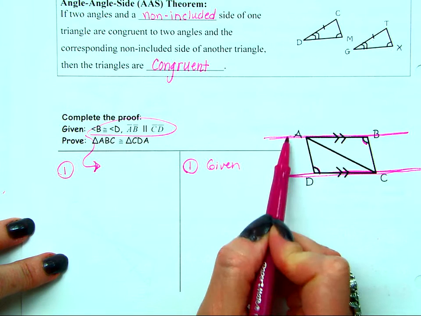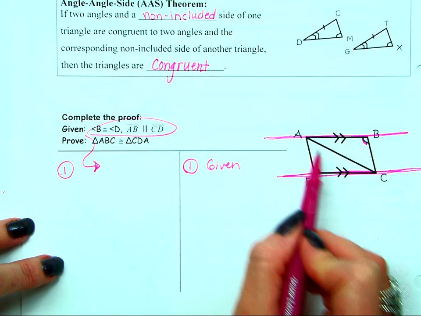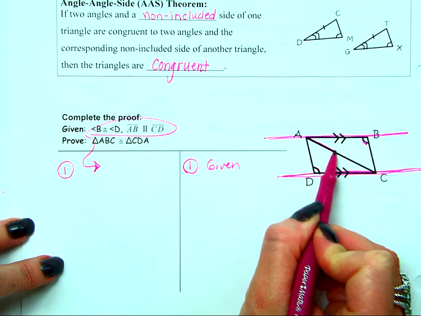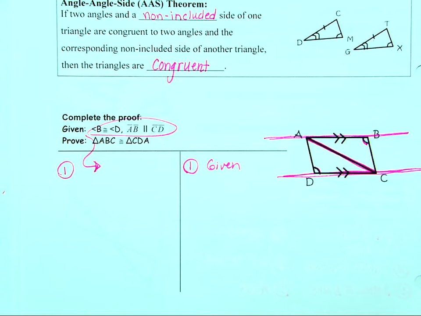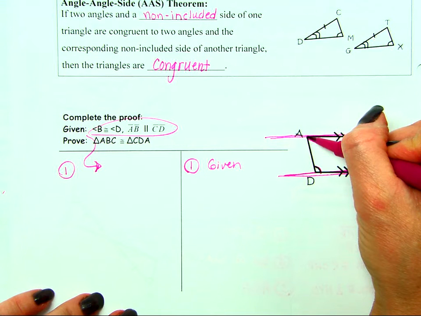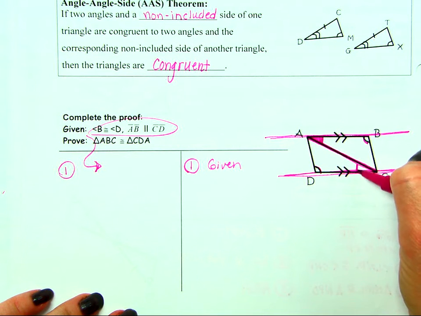If I kind of extend them, I think it helps me to see my angle pairs. If I looked at side AC as being my transversal, then I actually have a pair of alternate interior angles. Sometimes kids are confused with which ones would be the alternate interior. Well, the alternate interior angles actually happen right here and right here.